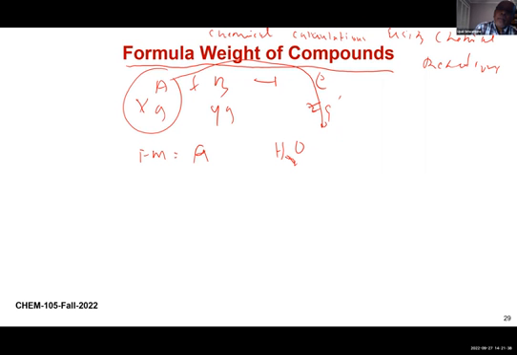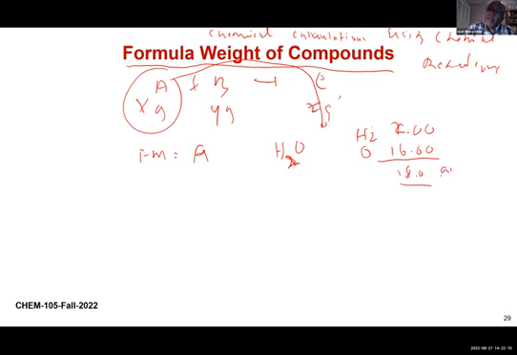The atomic mass of hydrogen is 1.00, so this is 2. You can look it up in the periodic table. Oxygen is 16. There are 2 hydrogens, therefore this is going to be 2. When you add them up, it becomes 18.0.